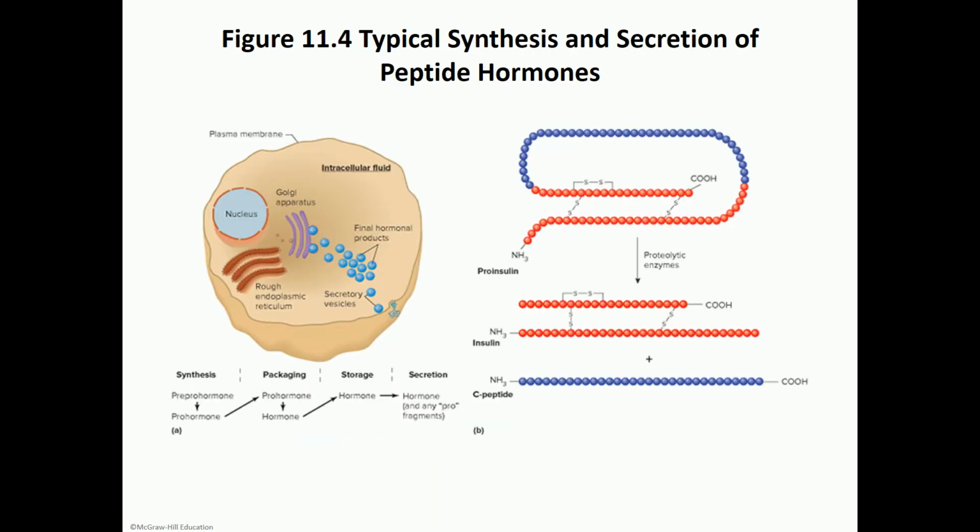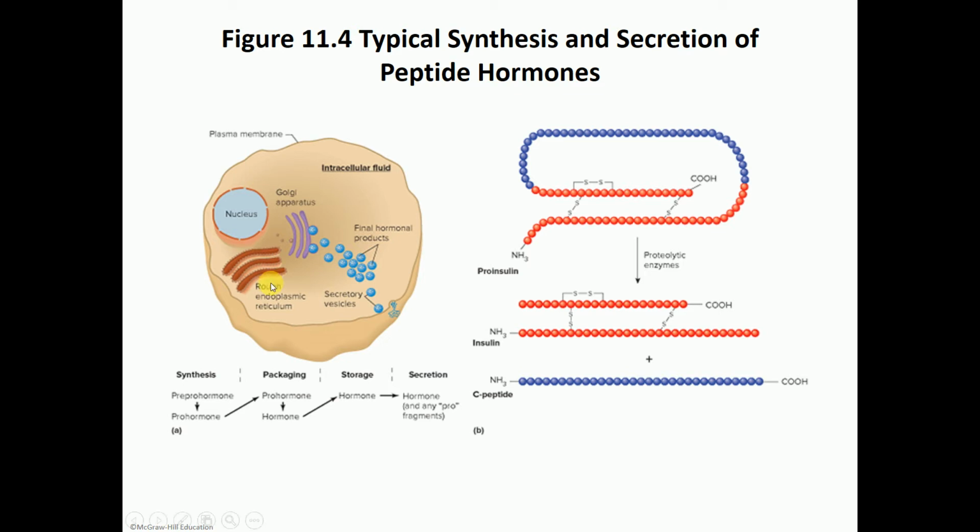Now, how is it that the cell is going to synthesize and secrete a peptide hormone? Well, peptide hormones are proteins, so everything that we discussed in regards to protein synthesis will apply to peptide hormones. So the process of making a messenger RNA, or transcription, and then translating that messenger RNA into a protein applies here. The protein hormone, though, is not secreted and released as a hormone from the get-go.